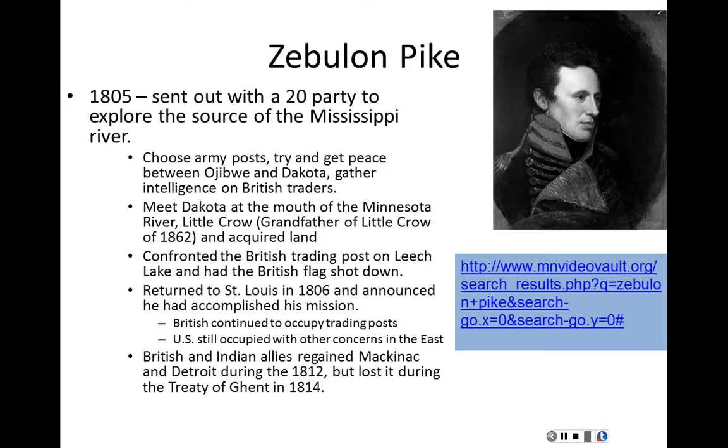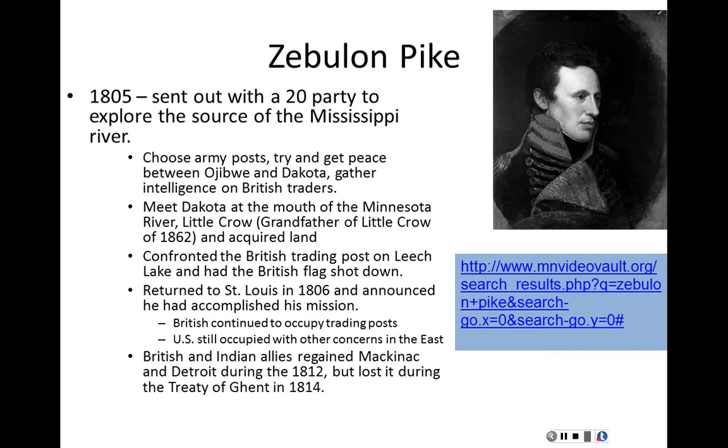So in 1805, when Jefferson has sent out Lewis and Clark to claim this Louisiana Purchase, he also wants to make sure that the British up in Canada know that this is now our territory, that we have claimed this area.